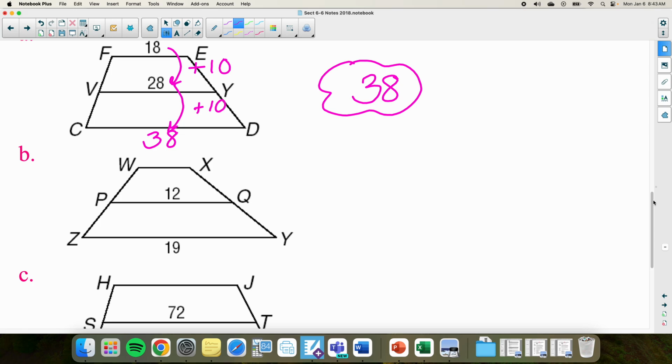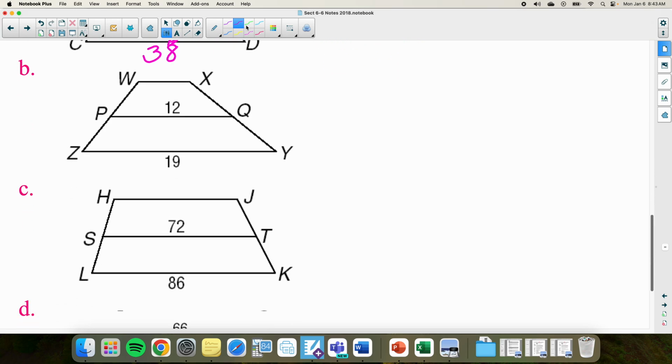Okay, so if we look at this next one, we're gonna start at the bottom. You always start on the base, and you think, what do you add to 19 or subtract from 19 to get to 12? Well, we're going down, so we have to subtract, and 19 minus 7 is 12. So then I'm gonna subtract 7 again. 12 minus 7 is 5. Okay, so that would be my answer.